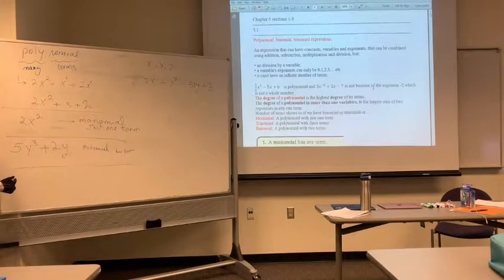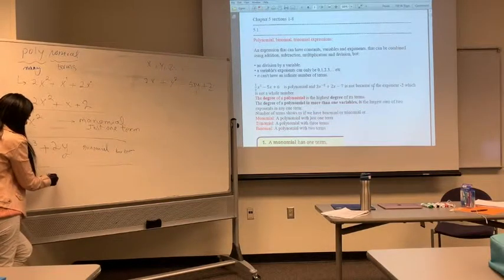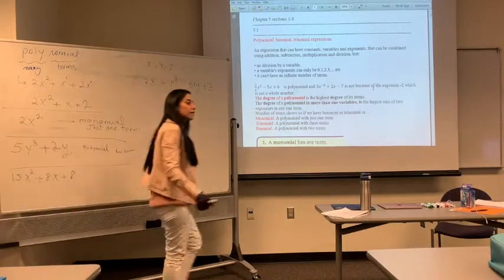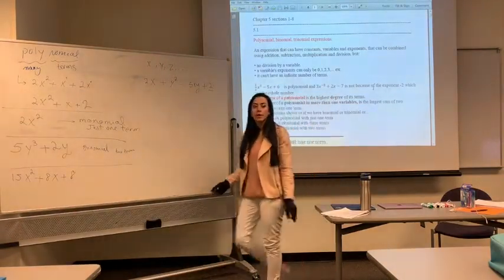Then let's say we have 15x squared plus 8x plus 8. How many terms do we have? 3, so it's a trinomial.